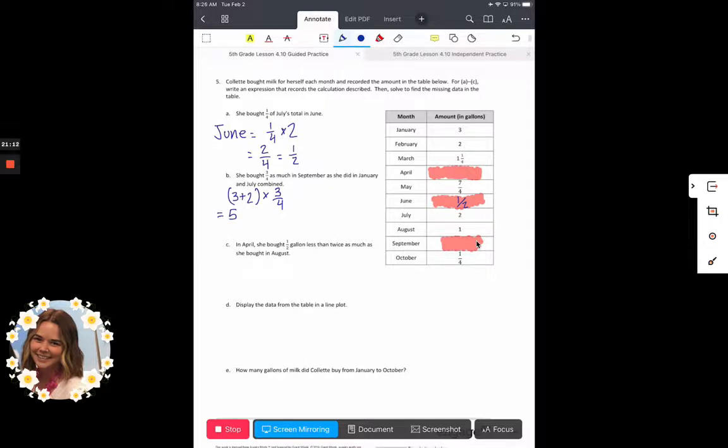So we have 5 times 3/4, which is equal to 15/4 or 3 3/4. So in September, she bought 3 3/4 gallons.